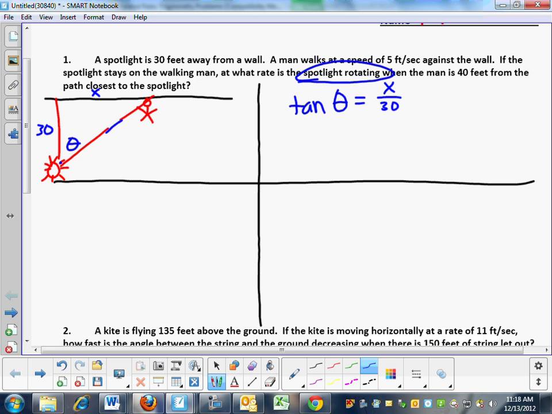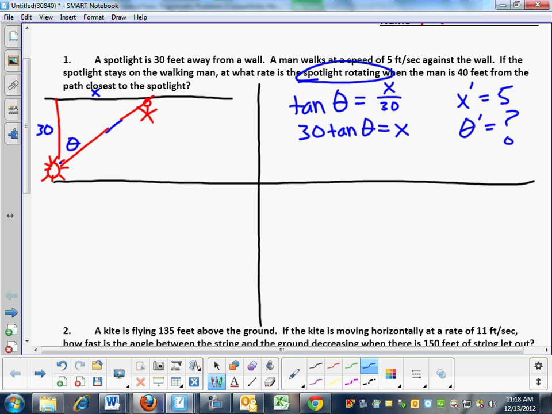Okay? So what I can now do is I'm going to solve for X. 30 tangent of theta is equal to X. Do we know X prime? At what rate is he walking? 5. Do we know theta prime?